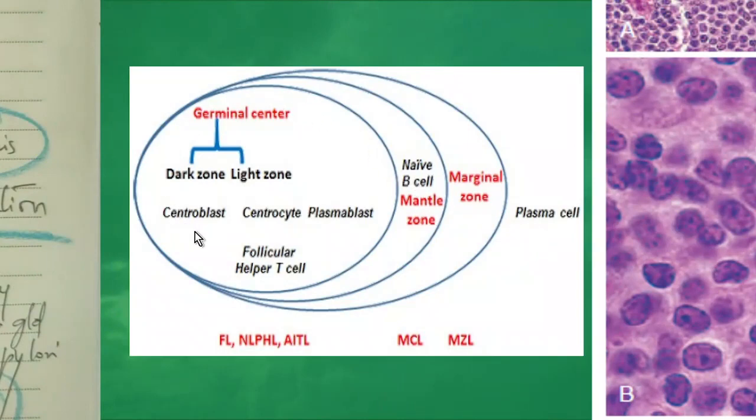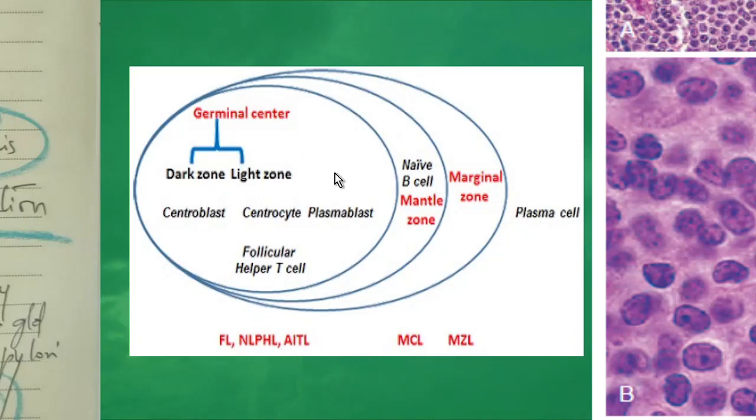See, the germinal center has a dark zone and a light zone. Dark zone is due to centroblasts, the larger cells. Light zone is due to centrocytes. So our follicular lymphoma, NLPHL, which is a type of Hodgkin, AITL, angioimmunoblastic T cell lymphoma, will come to all that.